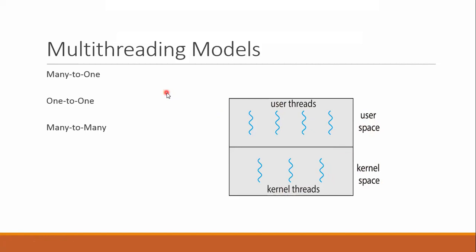This relationship defines the multi-threading model. And there are three kinds of relationships that may exist between user threads and kernel threads: many-to-one relationship, one-to-one, and many-to-many.